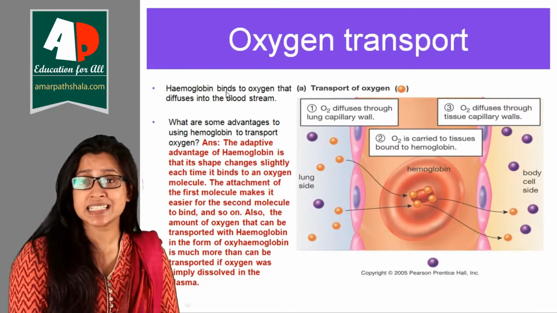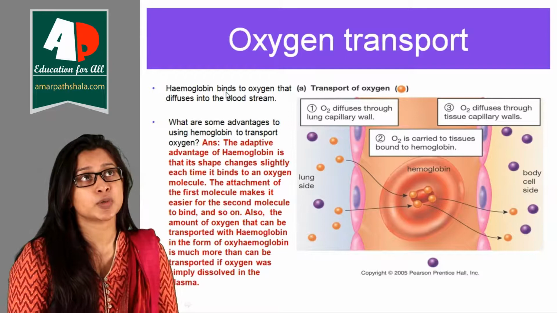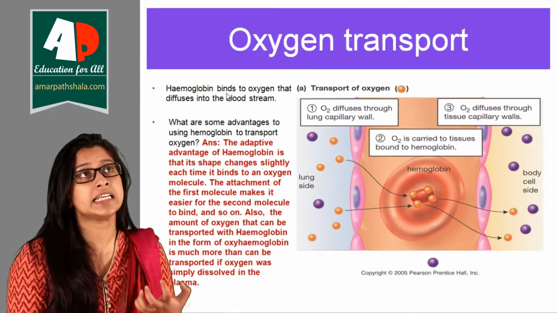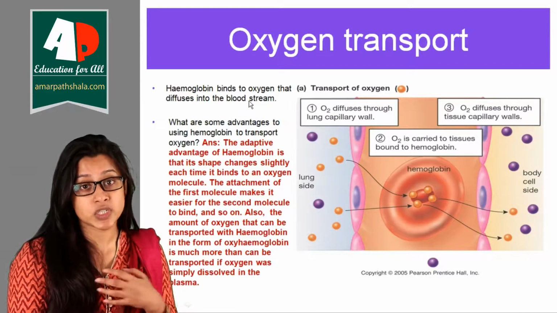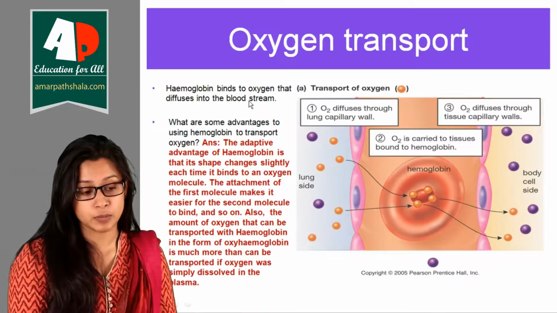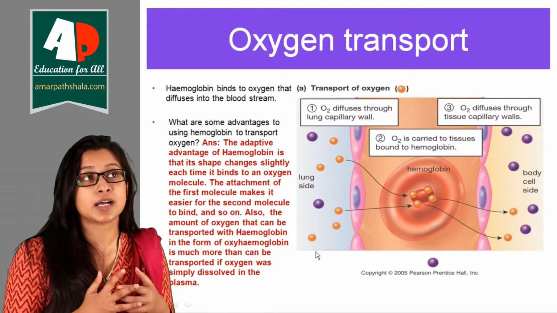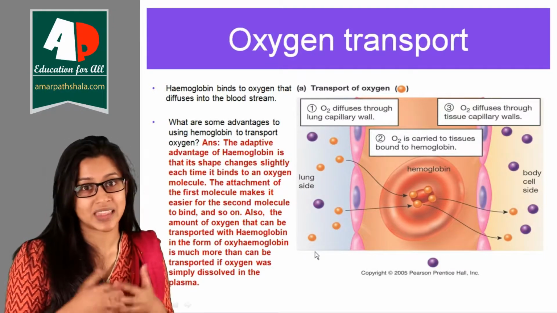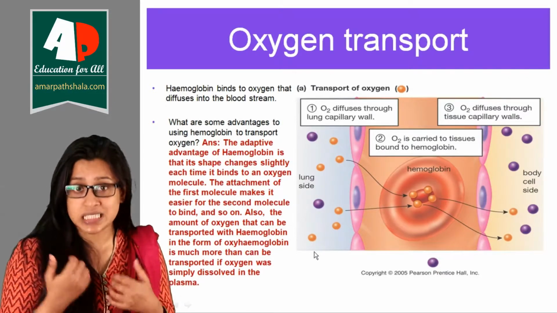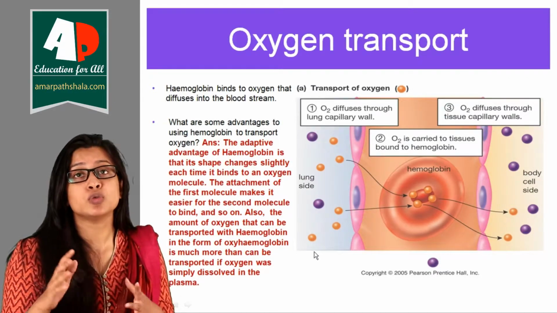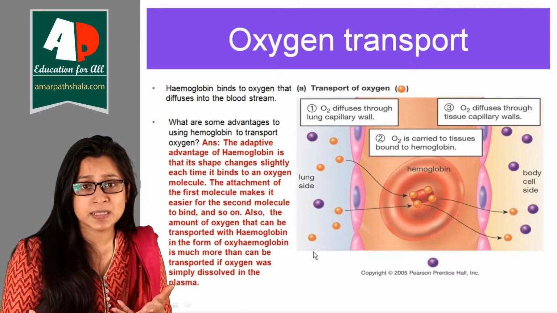If we didn't have a carrier molecule, the gas exchange of oxygen wouldn't be so efficient or so properly done, because hemoglobin is kind of like the car that you take from your home, the taxi or the Uber car or the CNG or whatever, to go from your home to the shopping mall or to your friend's place.